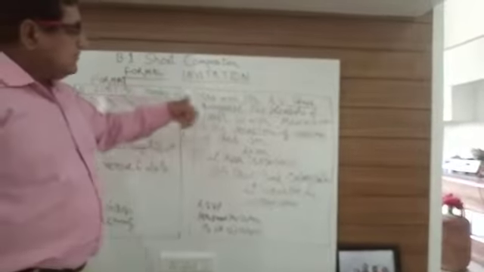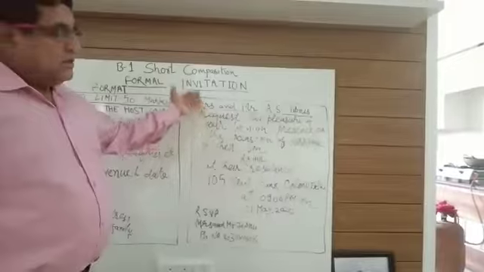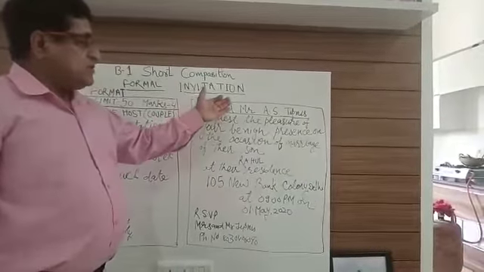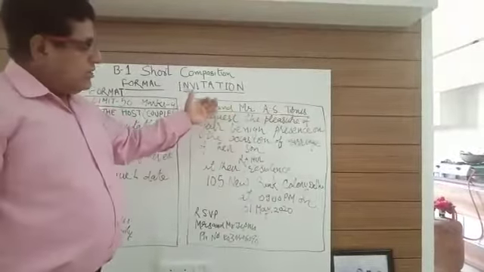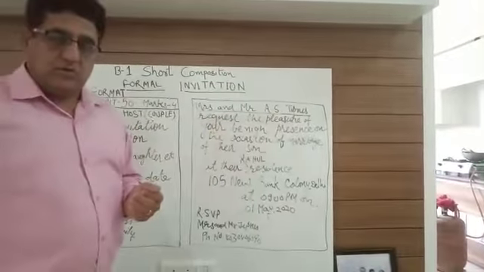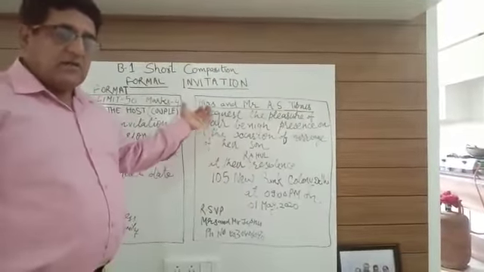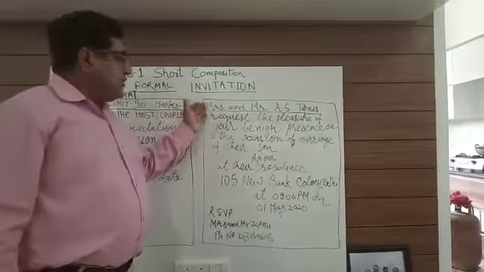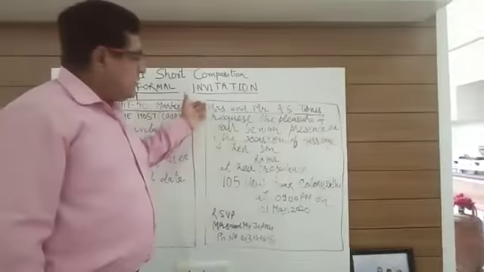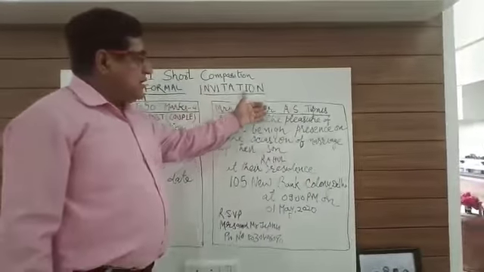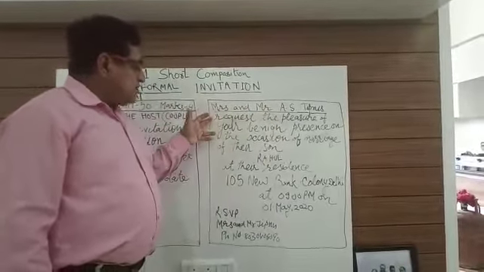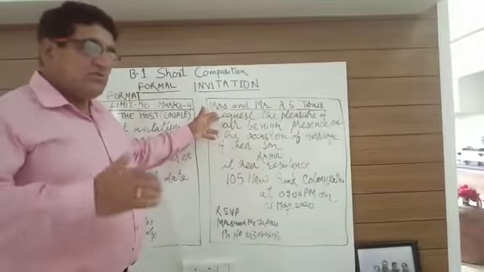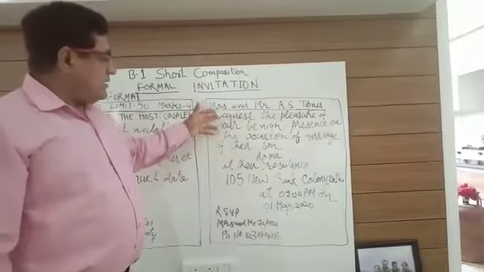Now we have a solved example. Suppose we have an invitation from Mrs. and Mr. A.S. Tipnis on the marriage of their son Rahul. So here is the solved example of a formal invitation. In the first line, as per the requirement, Mrs. and Mr. A.S. Tipnis. These 2 or 3 lines are generally the fixed lines, although there can be little change here and there.